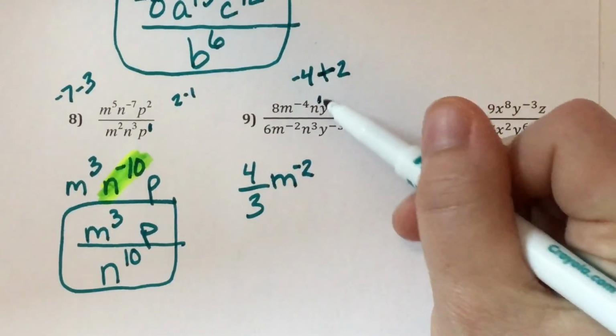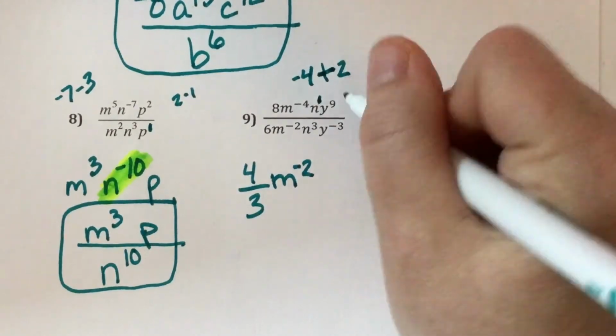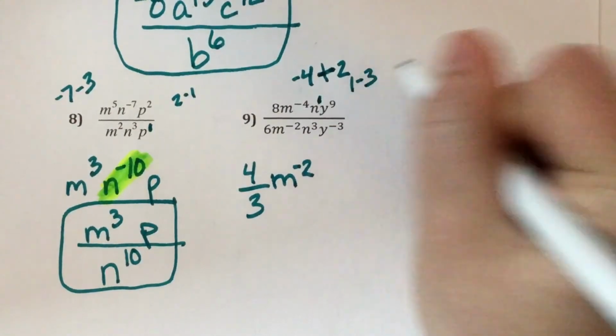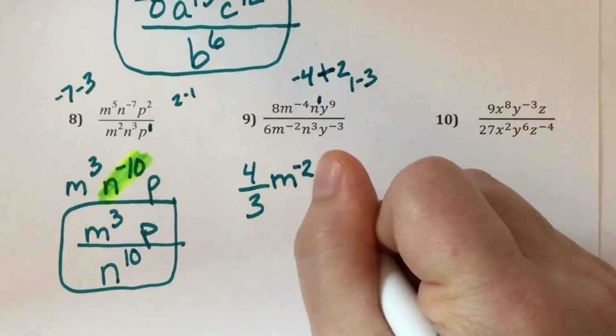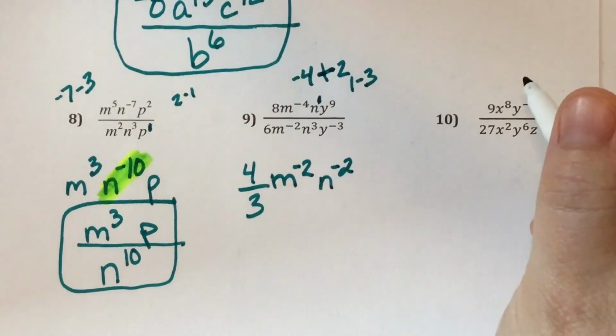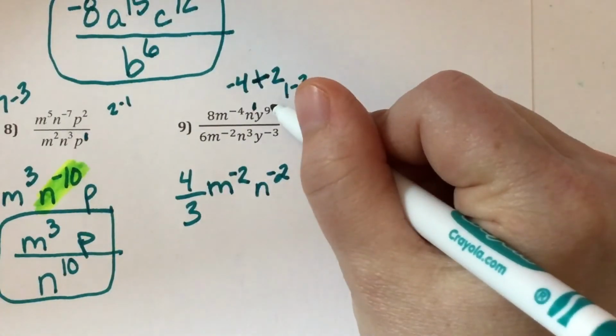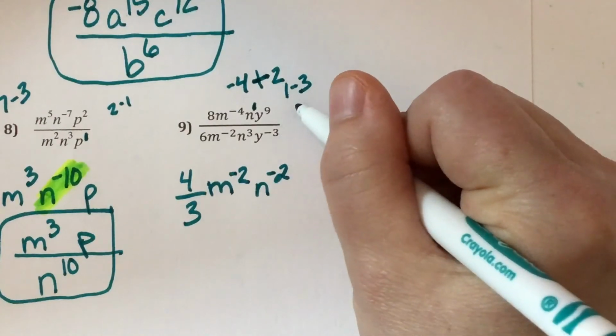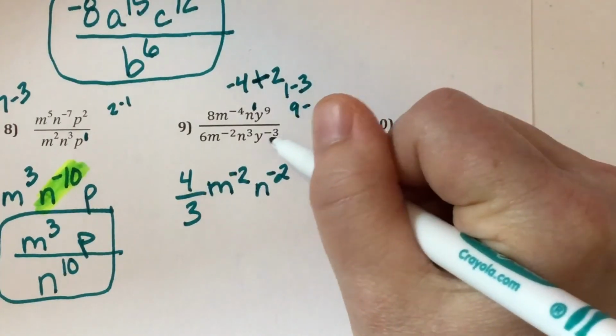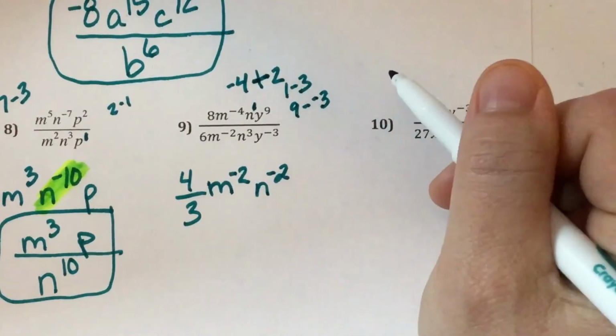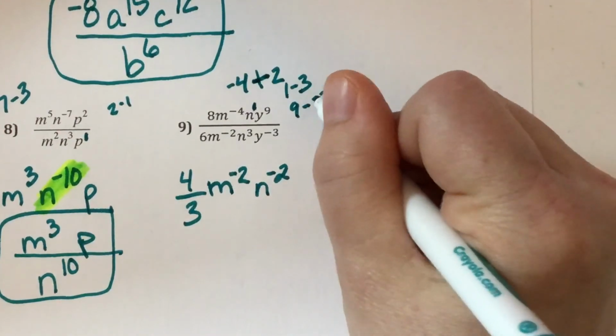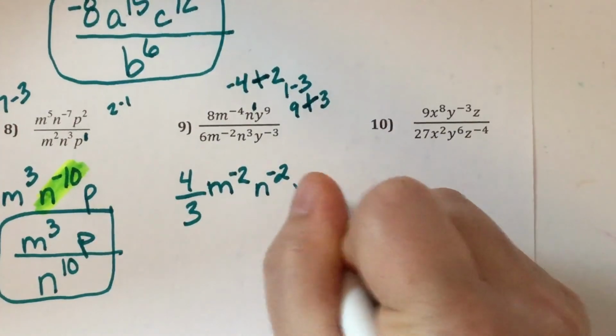You just don't see it. What's 1 minus 3? A -2. And now the y's. 9 minus -3. And what's that? 12, because a minus and negative makes addition. So y to the 12th.